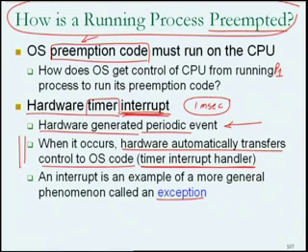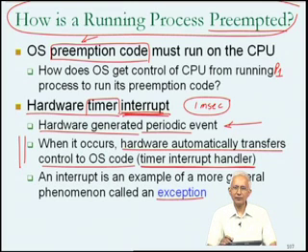Today's processors are designed so that whenever an exception occurs, and there could be many different kinds, control is automatically transferred from whatever was running on the CPU before to a special piece of operating system code. Depending on what the exception is, a different piece of operating system code might be the beneficiary.